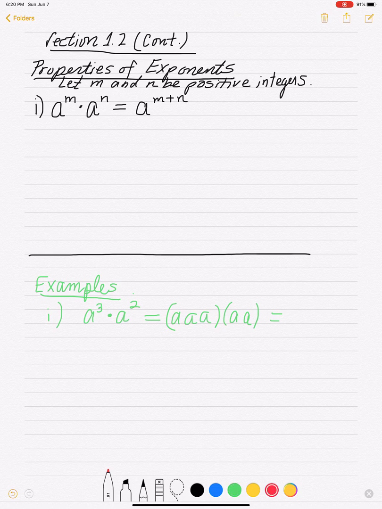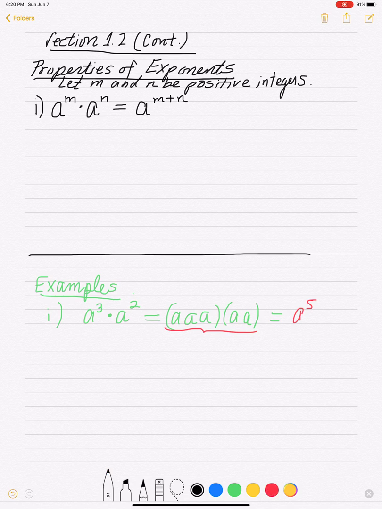How many copies of a do I have in total? I have 5: 1, 2, 3, 4, 5. So I get a to the 5th. Essentially we've taken 3 copies of a and then 2 copies of a, so altogether we have a total of 5. It's 3 plus 2, 5. That's the reasoning behind the rule, and that's why you add the exponents together like that.